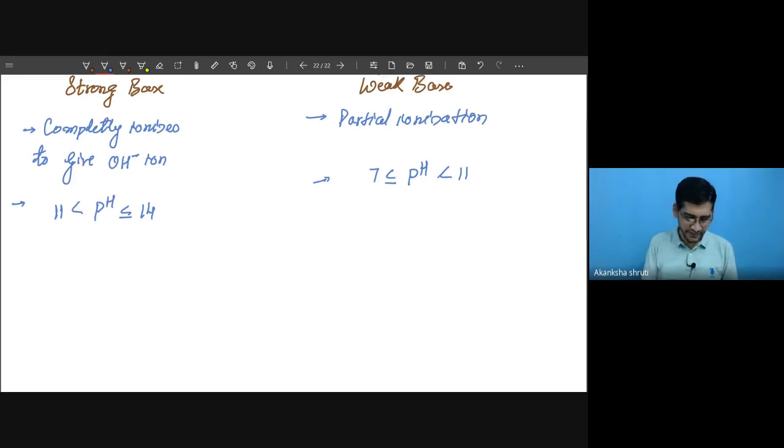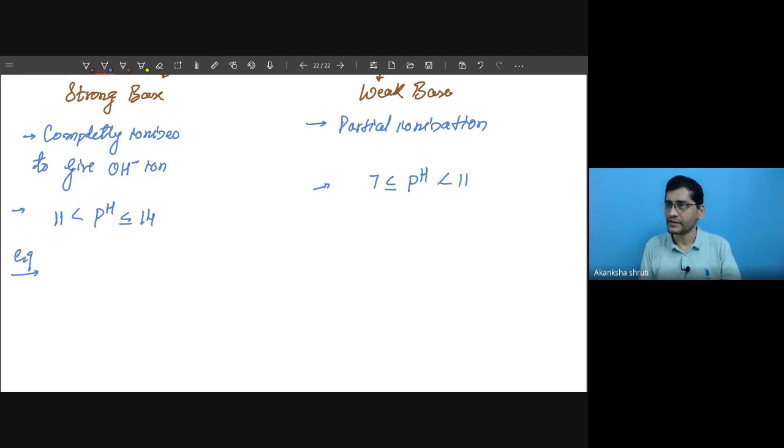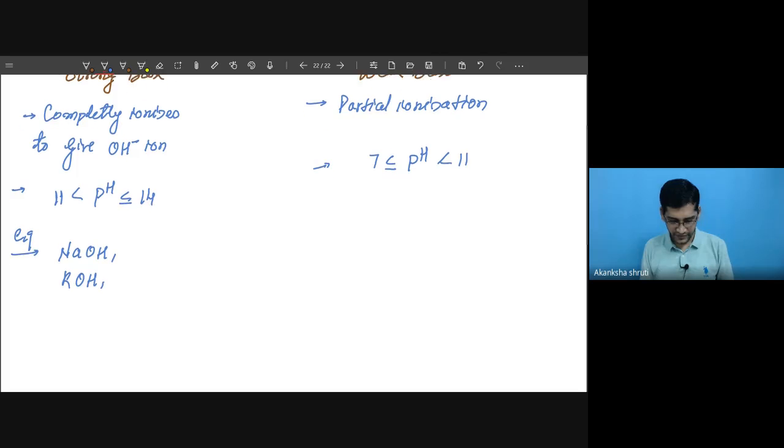Students, what are the examples? If we write the example, the strong base, all the alkalis are not bases, but a few of the alkalis. So alkalis are a strong base, like NaOH, KOH, whatever other thing you can think of, even calcium hydroxide, nearly but not very much.